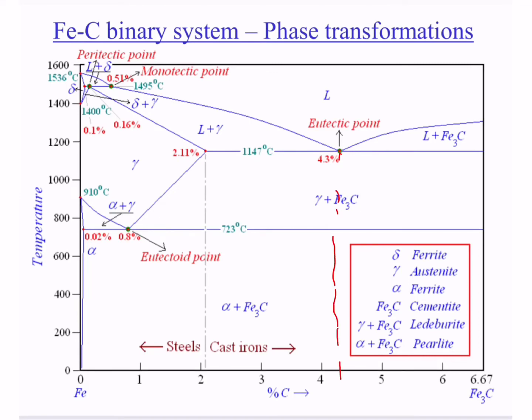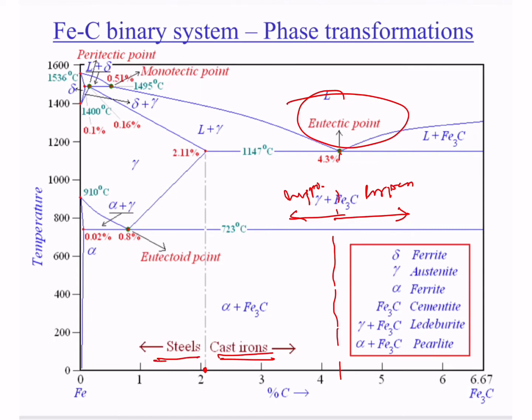Right side hyper, left side you will get hypo. Eutectic point, greater than 2.1% cast iron, less than 2.1% steel.